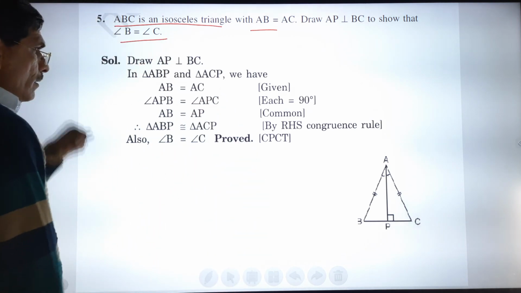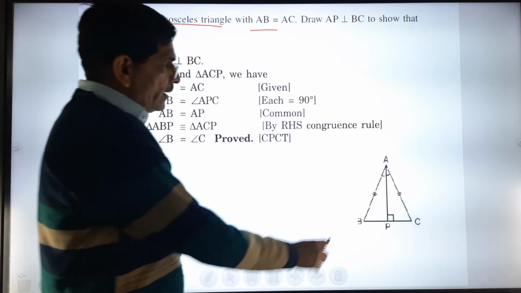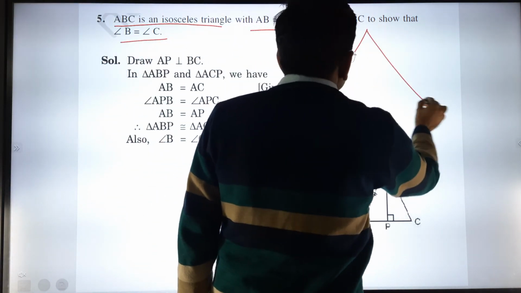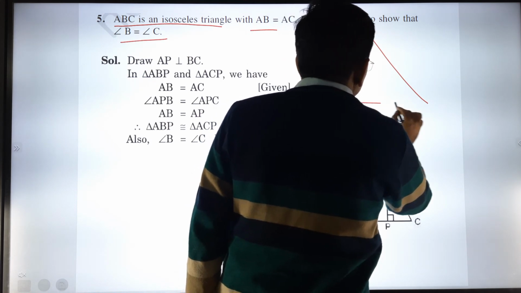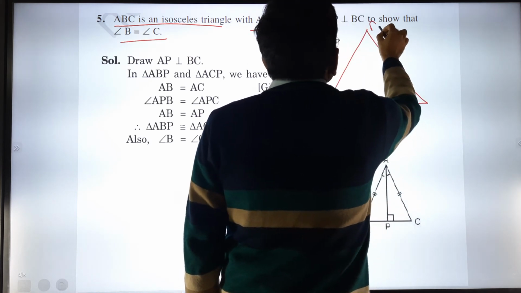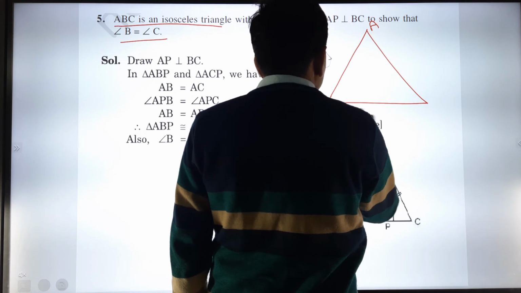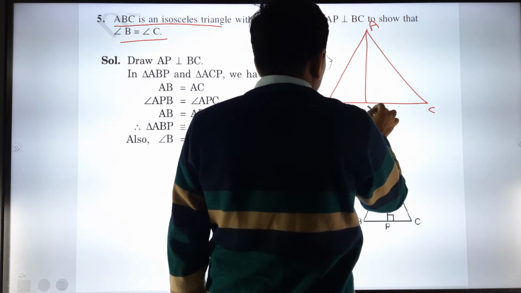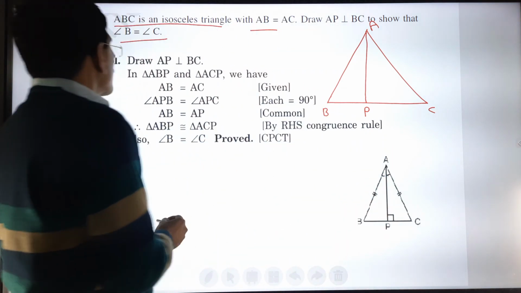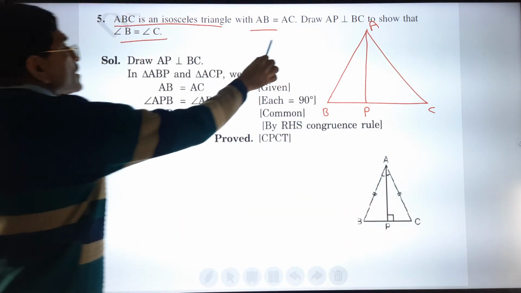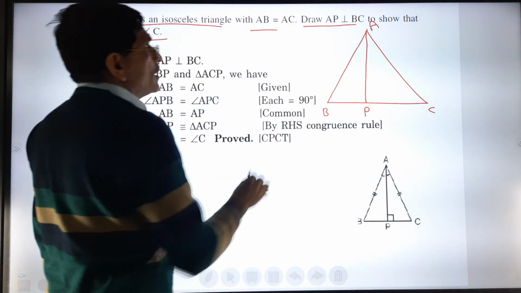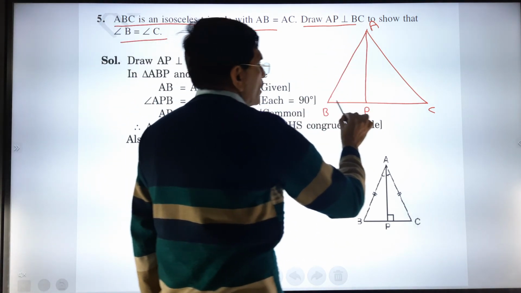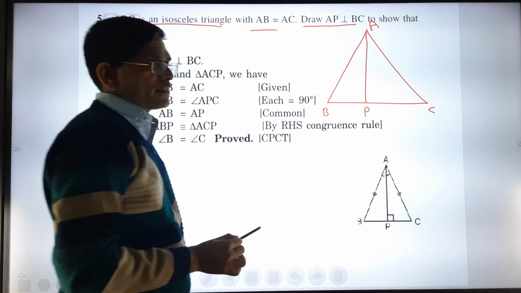Now here we have to draw one triangle properly. That is A, B and C. Here is point P. The question is to draw AP perpendicular to BC.